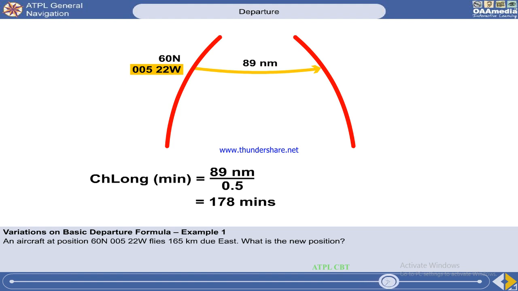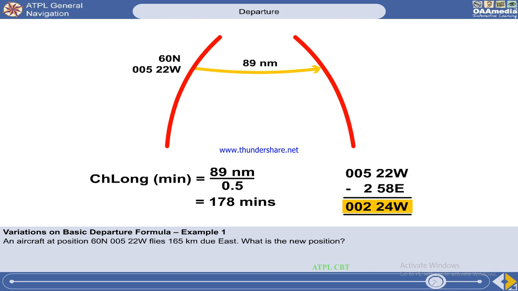So, since we are going eastwards, it is 5 degrees 22 minutes west minus 2 degrees, 002 degrees 24 minutes west. The new position is 60 north.